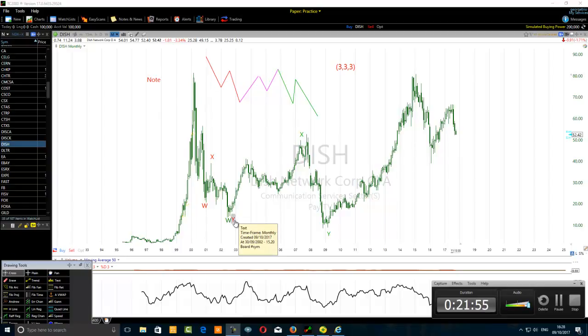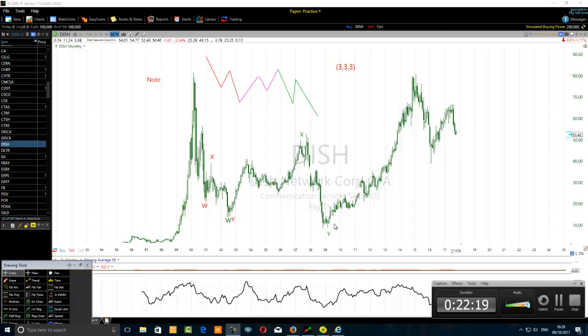But then again, you can see that this section here is another corrective wave that is completed here, where I have the W green, followed by the X, and we have the Y, another green, and so on. So as the correction is progressing, people are expecting a trend, it is failing, another correction continues, so the correction is prolonged.